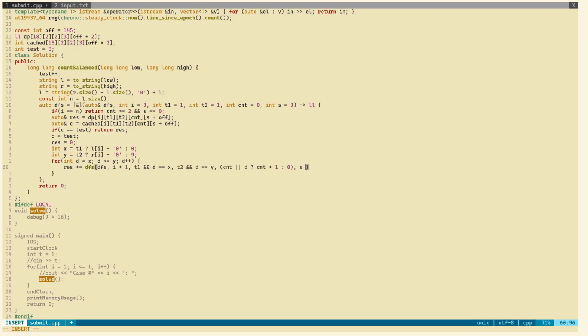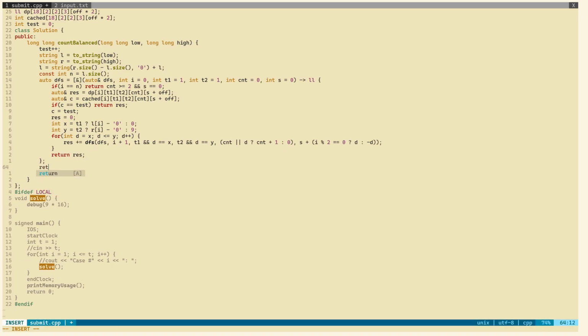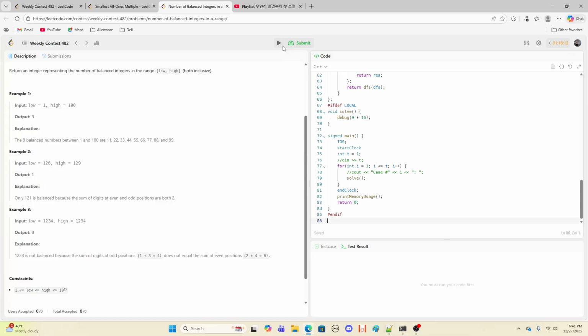Then D otherwise negative D. Okay, that's good.